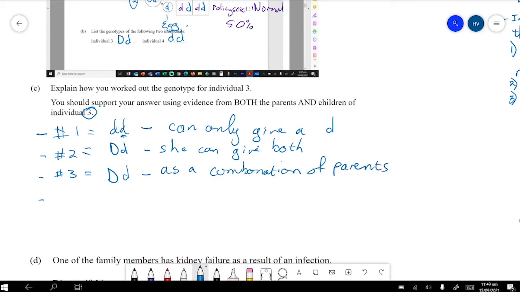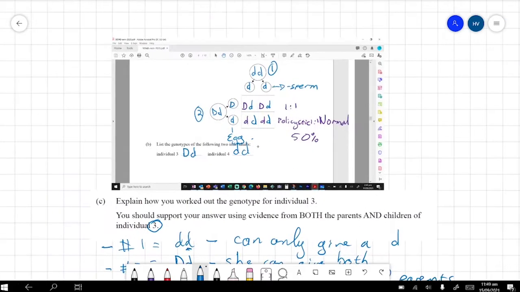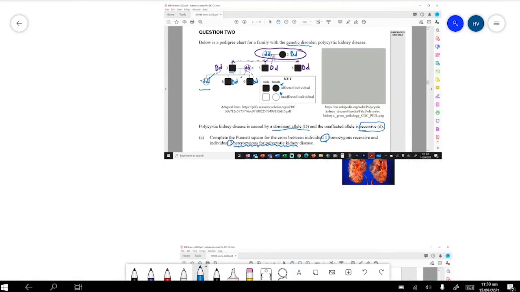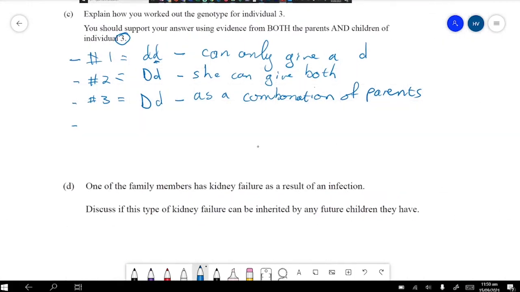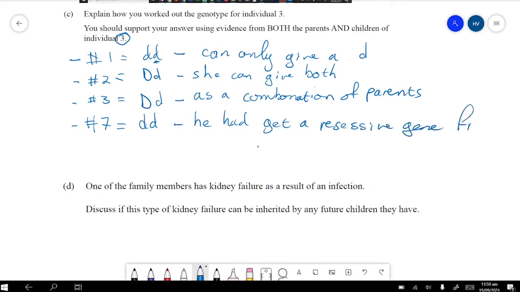But to further support that, if you look at his own child, individual 7 over there is homozygous recessive. So individual 7 proves to us that number 3 has to be heterozygous, because number 7 is homozygous recessive. He had to get a recessive gene from both parents.